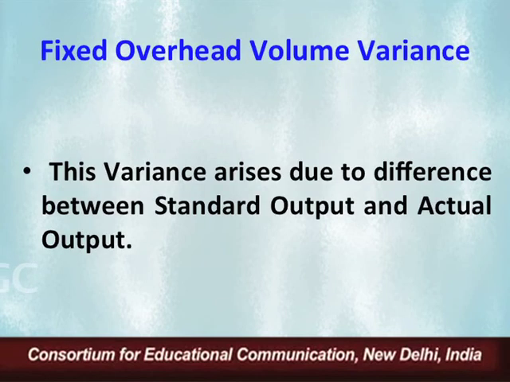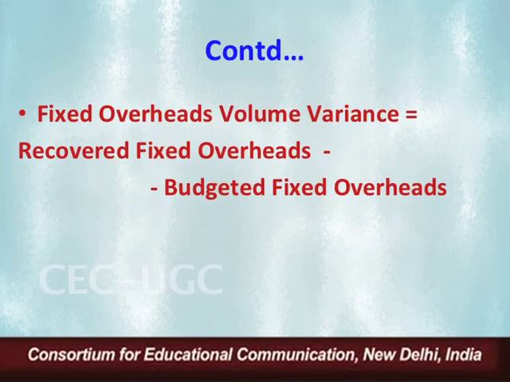The second is the volume variance. As I told you, it arises due to the difference between the standard output and actual output. Since the volume is changing, that is why we are witnessing this variance, because of the change in volume of production. The formula is very simple: recovered fixed overheads minus budgeted fixed overheads.